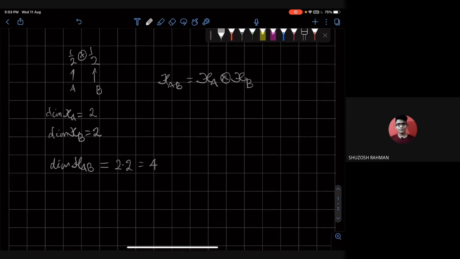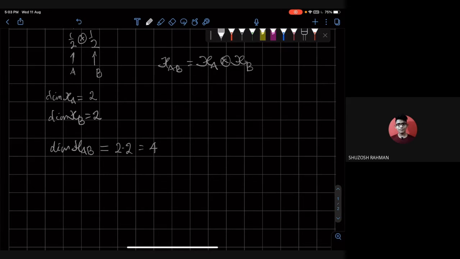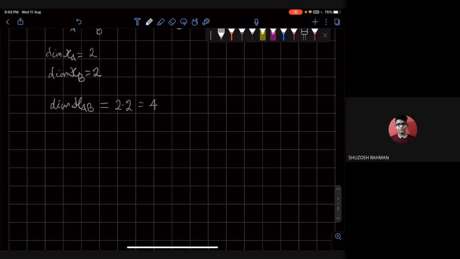Okay. Now, if I call this J1 and this J2, if I look at how the multiplets would combine, what would be J? This is the highest value of the total angular momentum operator.